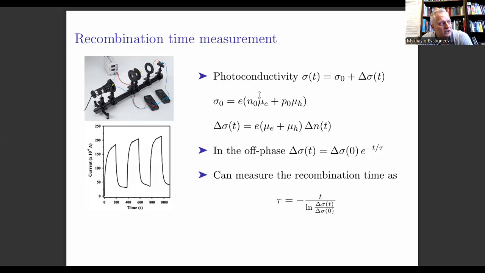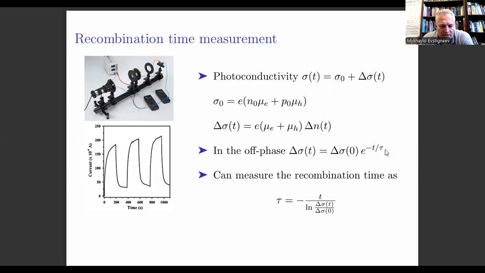And the electron and hole concentrations are the sums of their equilibrium values, n naught and p naught respectively, plus excess concentration of charge carriers, delta n. So you can split the total conductivity into the equilibrium value, which is given here with the charge carrier concentrations set to their equilibrium values, n naught and p naught, plus the photoconductivity delta sigma, in which delta n, the excess carrier concentration, which is common for electrons and holes, can be taken outside the brackets.